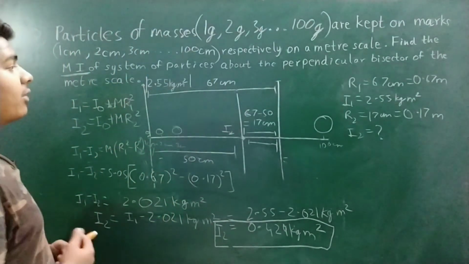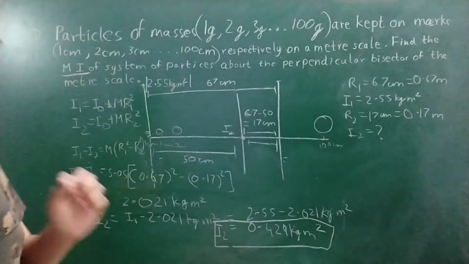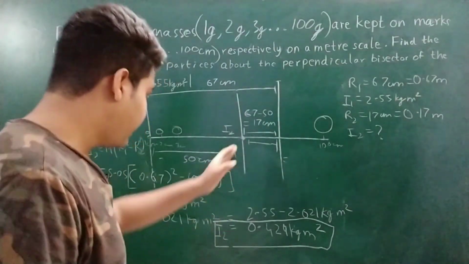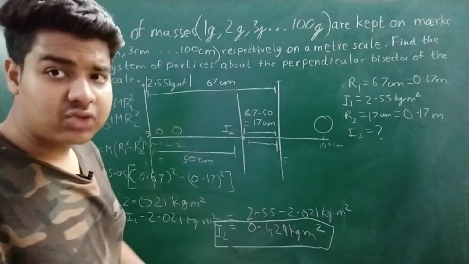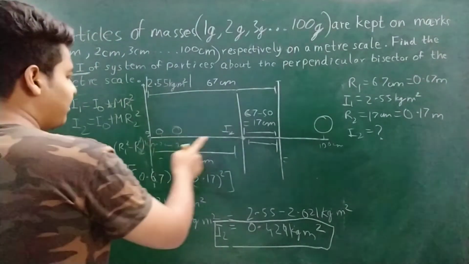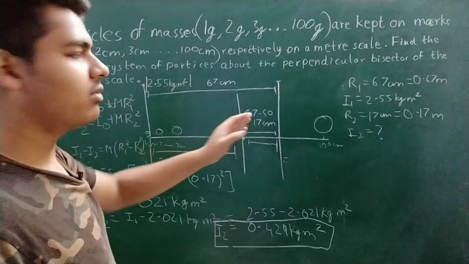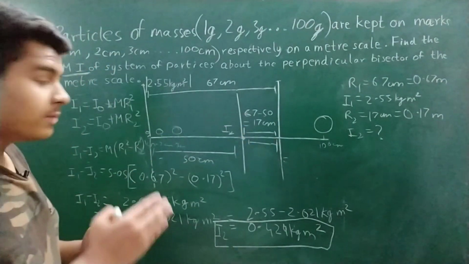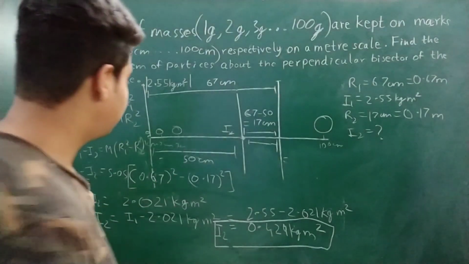Let me tell you why the distribution of masses is not considered equal. If you are thinking that I would have taken this as the center of mass, then you are completely wrong. Because the masses are distributed at 1 centimeter, 2 centimeter, 3 centimeter, 4 centimeter, with masses 1g, 2g, 3g, 4g, and so on.